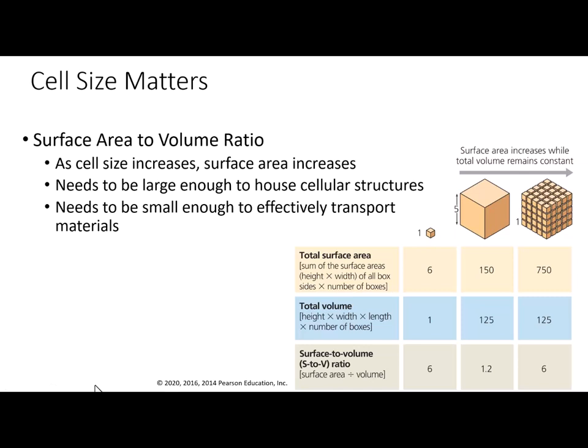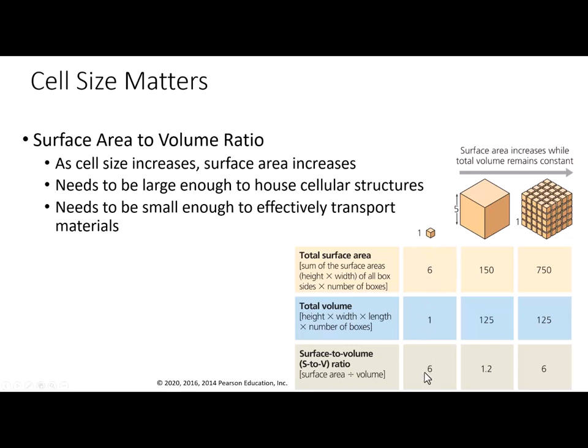The surface area to volume ratio is important in the ability of a cell to function efficiently. You can see with our total surface area, if we have a 1 by 1 by 1 cubic cell, then our total volume is 1.